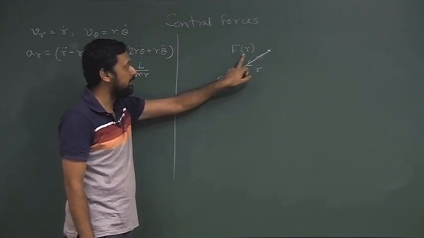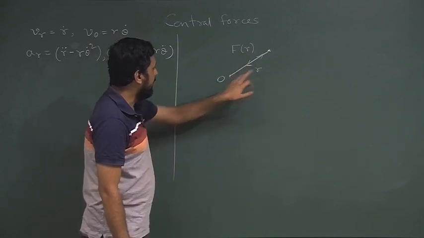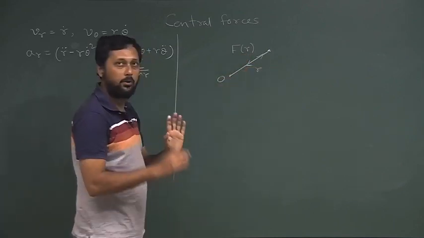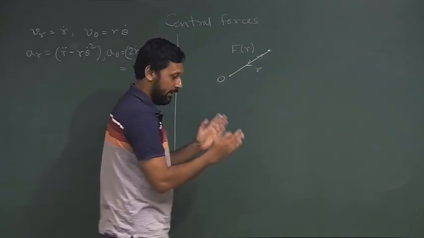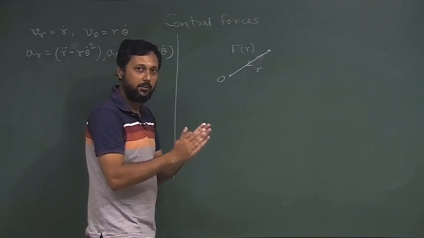There cannot be any theta dependence, there cannot be any other dependence except for dependence on the distance of this force. Now, right now we are discussing the general nature of the force law, we are not talking about any specific force component.